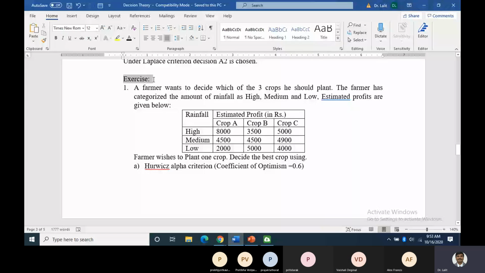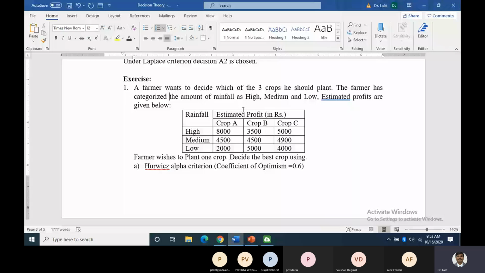Here the decision maker is a farmer. A farmer wants to decide which of the three crops he should plant. The farmer has categorized the amount of rainfall as high, medium, and low. Estimated profits are given in the table, in rupees for crop A, crop B, crop C, and rainfall high, medium, low.